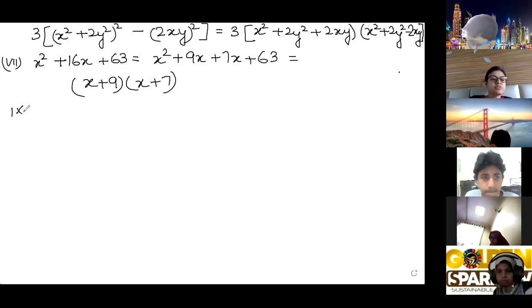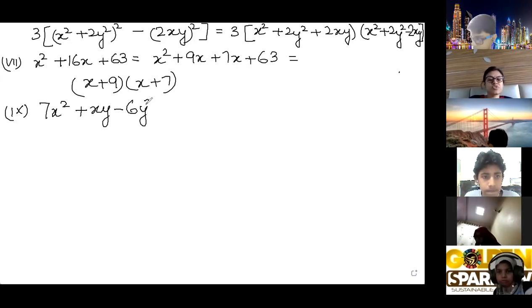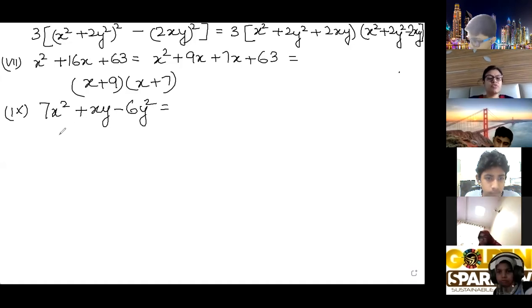9th, 7x square plus xy minus 6y square. Again, you will break it. How will you break? What number will you break?